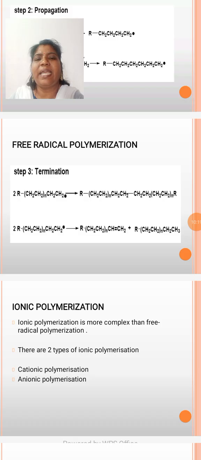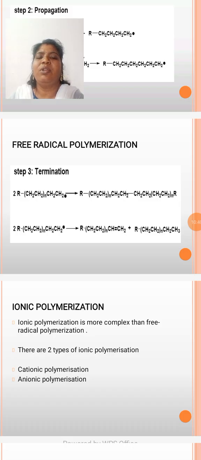One more second type is called disproportionation. What happens now? Here you will be having two chains of propagation step polymer. One chain will be forming a saturated molecule. Another chain will be forming an unsaturated molecule by eliminating the radical.